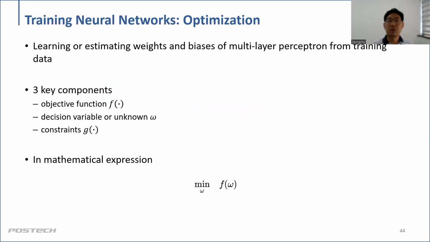Like I said, I've mentioned many times that we can think of machine learning as optimization problems. We're going to follow the same procedures. So training neural nets is finding the omegas. I'm going to transform everything into optimization problems: learning or estimating weights and bias of a multi-layer perceptron from the training data set.